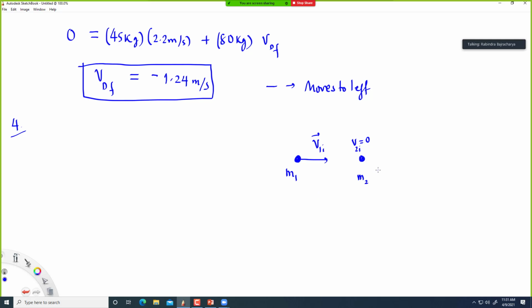After the collision, both objects have velocities which are directed 30 degrees on either side of the original line of motion. So original line of motion is this one. Okay. So one object moves this way at 30 degrees to that line, and the other object moves also at 30 degrees but below that line. Okay.